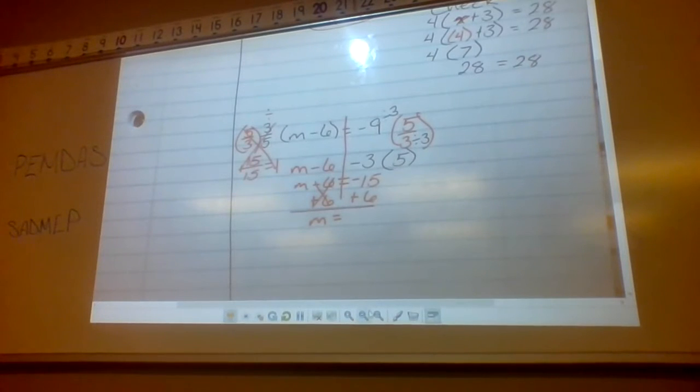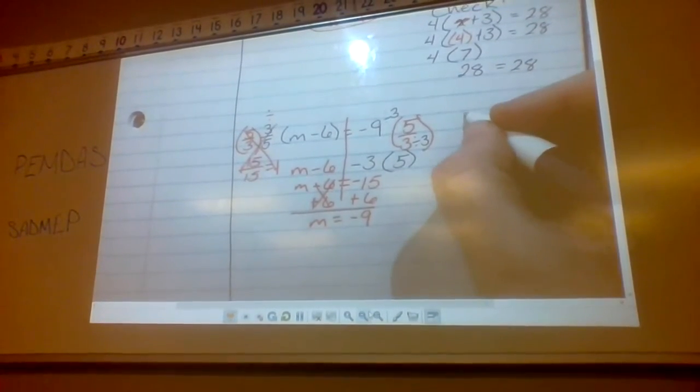Negative 9. Why is it negative 9? Because they're opposites. It's different signs, which means we subtract, and you take the sign from the larger absolute value. What do you have to do now?